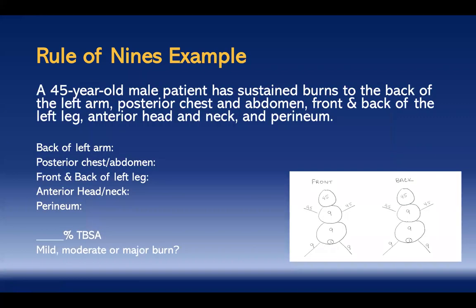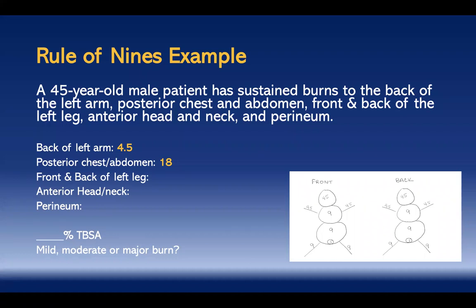So let's give an example here. A 45-year-old male patient has sustained burns to the back of the left arm, posterior chest and abdomen, front and back of the left leg, anterior head and neck, and the perineum. So let's go ahead and calculate this. So the back of the left arm is 4.5%. The posterior chest and abdomen is 9% for the posterior chest and 9% for the posterior abdomen.